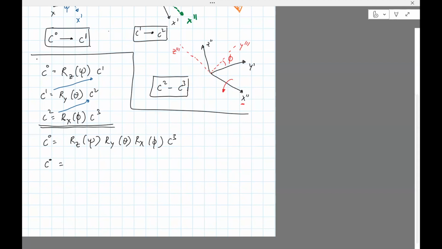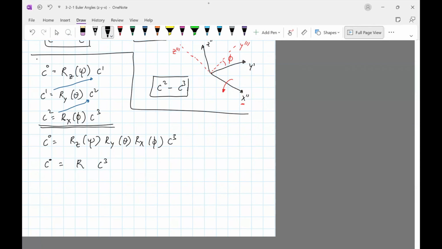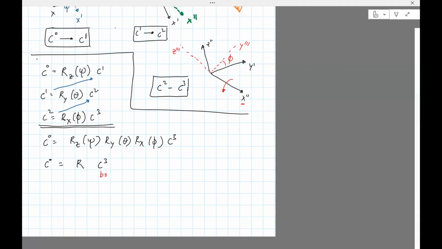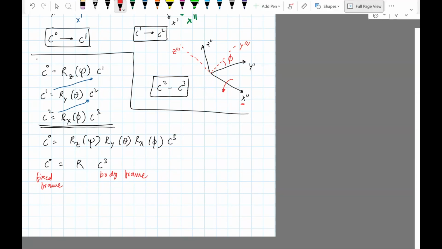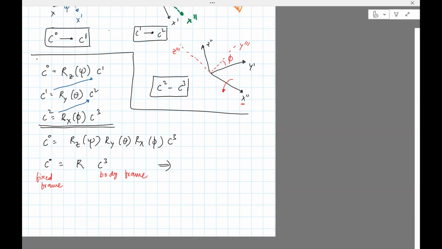So C0 is this grand rotation matrix times C3. C3 is the one in the body frame, which remains with the body and rotates with it. C0 is the one in the fixed frame. This is a vector in the fixed frame, and R is the rotation matrix. The other way you write this in general would be R with a 0, which indicates the world frame, R, which is the rotation matrix, and small r body, which is the body frame.